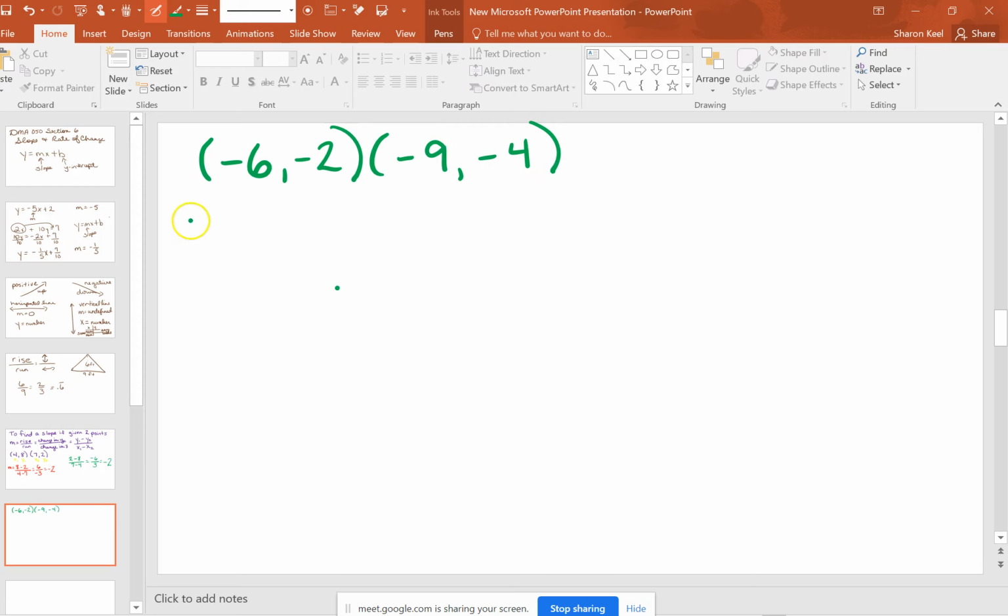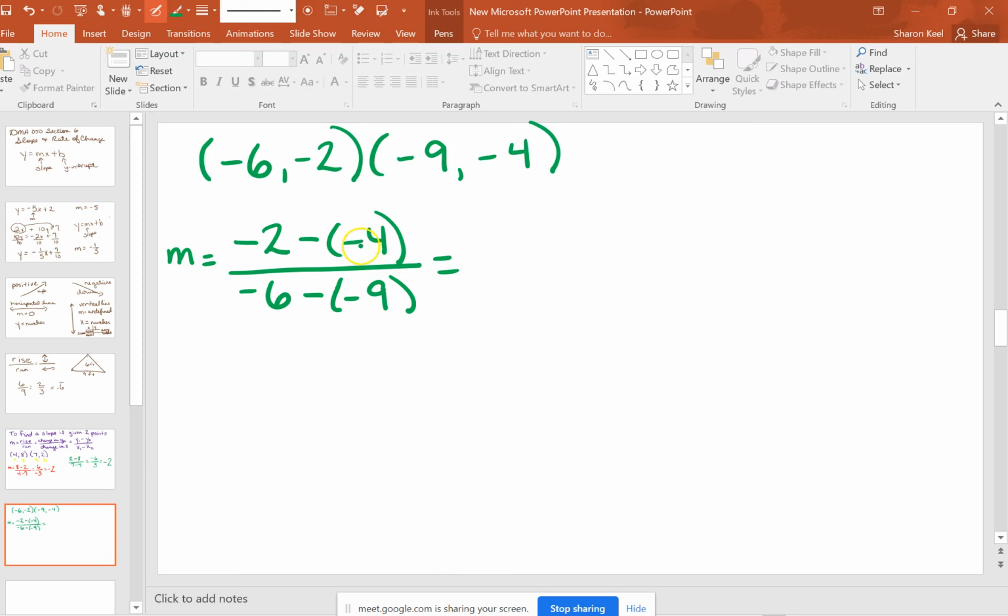If I'm finding my slope, I'm going to start with my y's. So I'm going to do -2 minus -4. Then in the denominator, I have to start with the same ordered pair, -6 minus -9.